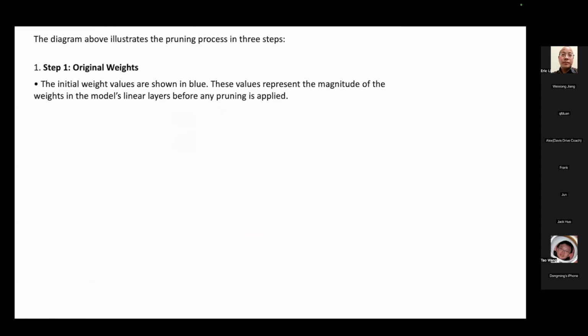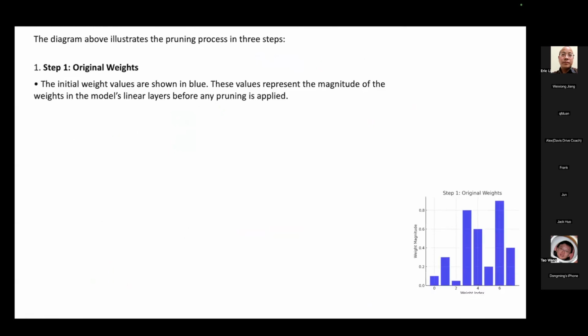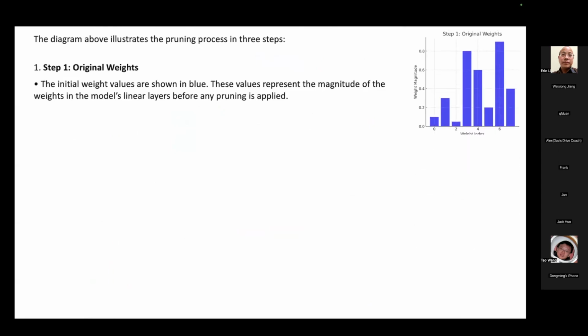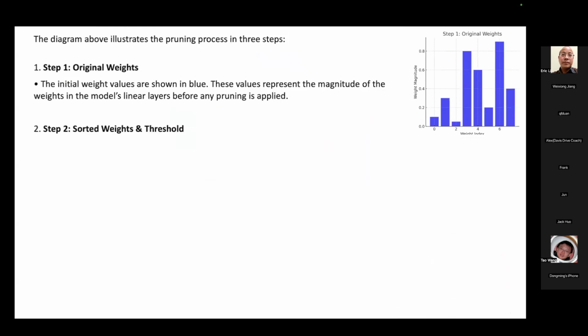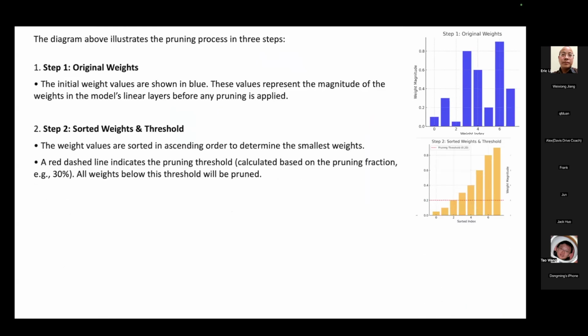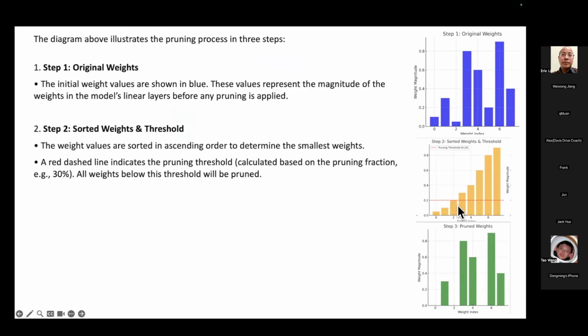You have the original weights, with a distribution like this, just like the tensor I gave you. Then you sort the weights. You take the absolute value, no negative values, always positive. Then you check the cutoff line, the threshold.